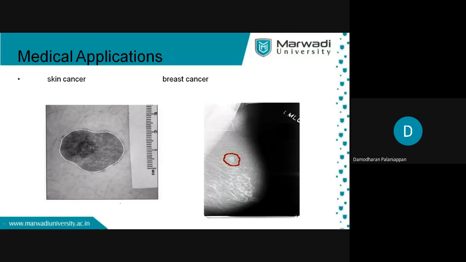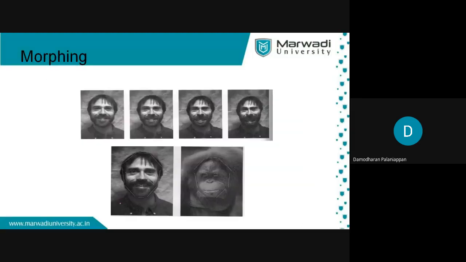Previously, if you scanned an image, you would not be able to get a clear image. Nowadays, by using image processing software, the scanned image is more enhanced. The image will be sharpened so that we are able to identify the minute details and what type of disease is present. Then there is normal morphing.